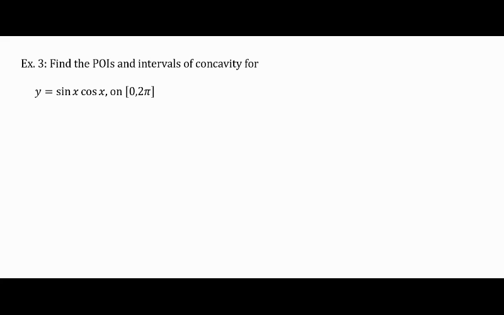The last one was sine x plus cos x. The domain is different. It's from 0 to 2 pi. That's the one we're familiar with. And it's asking the same general idea as the last one, except it's asking about the second derivative. Find the points of inflection and intervals of concavity.